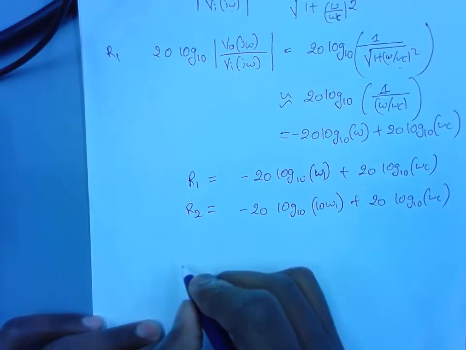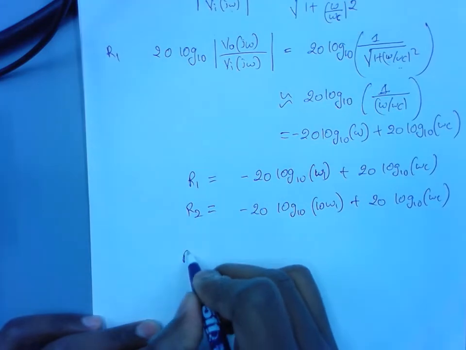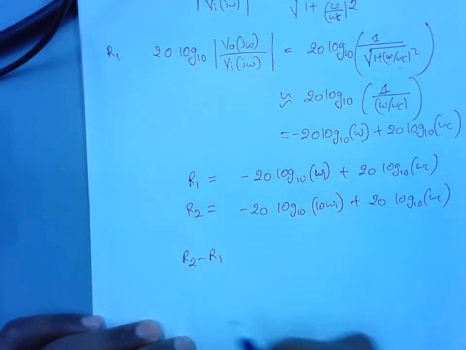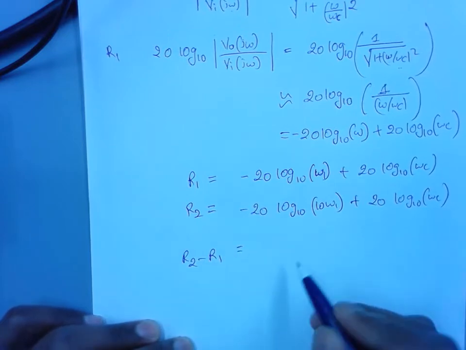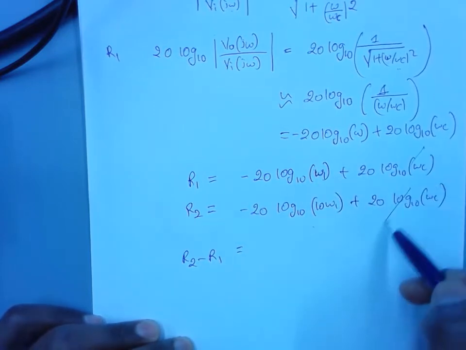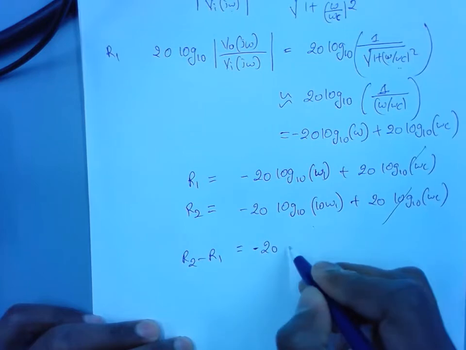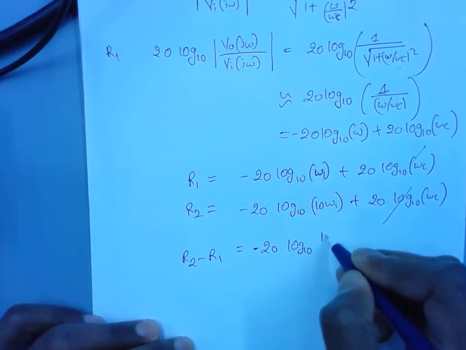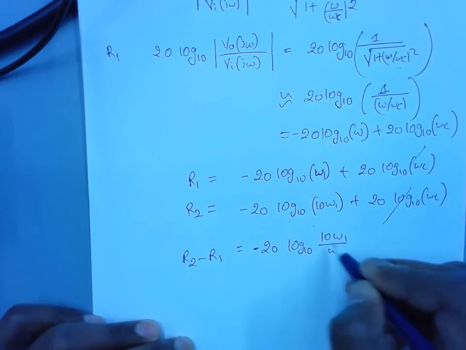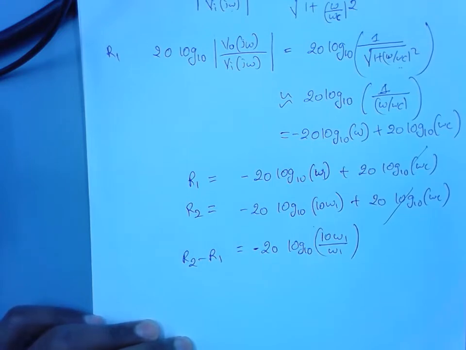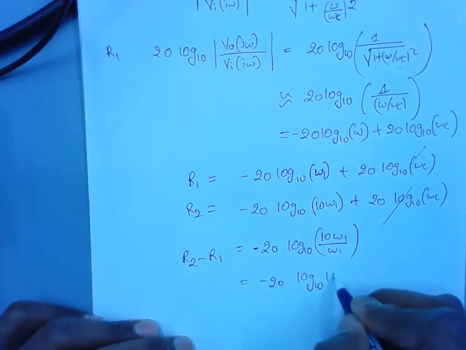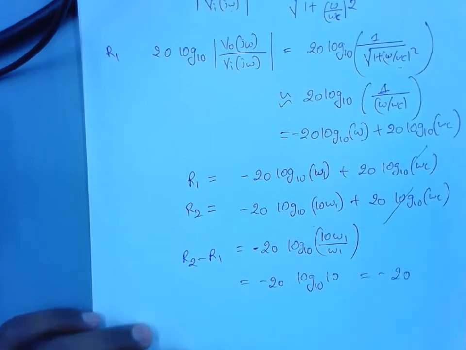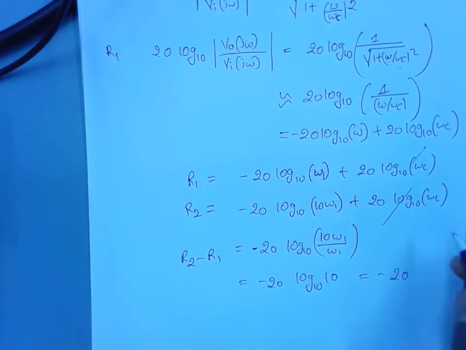So that means I do R2 minus R1. This is delta y in decibels. I subtract this from this, these guys cancel out, so it will be negative 20 log to the base 10 of omega 1 over omega 1, right? So this will be equal to negative 20 log to the base 10 of 10. This will be equal to negative 20. So that's how you get negative 20 decibels per decade.